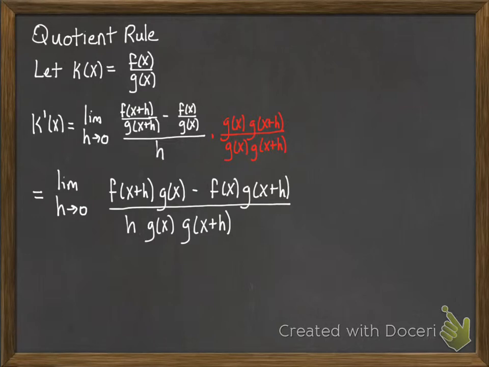And as we look here, we have f of x plus h times g of x minus f of x times g of x plus h. And we say, oh darn, if only that had been a g of x there with the f, then we would have been able to factor the g of x out and have f of x plus h minus f of x.